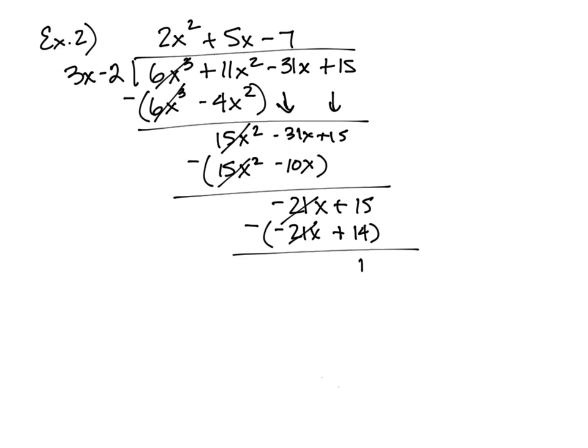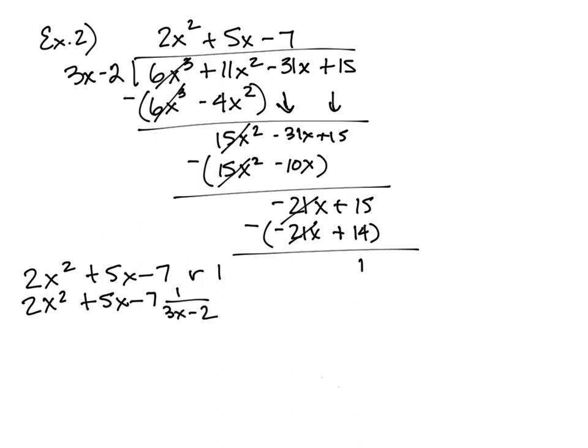So our remainder is 1. We could write our answer as 2x squared plus 5x minus 7, remainder 1. We could write our answer as 2x squared plus 5x minus 7 plus 1 over 3x minus 2.